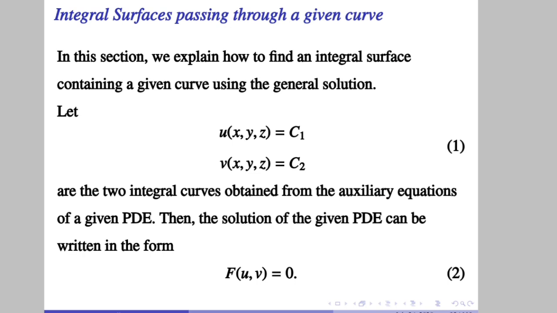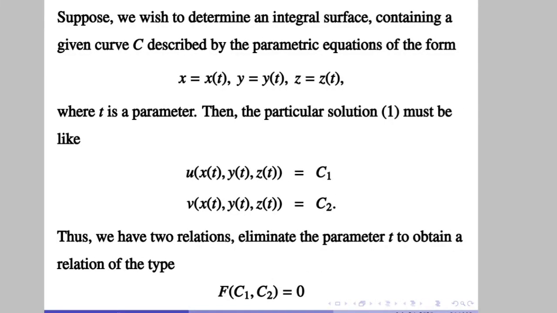Let u of x comma y comma z is equal to c1, v of x comma y comma z is equal to c2 be the two integral curves obtained from the auxiliary equation of the given PDE. Then the solution of the PDE can be written in the form f of u comma v is equal to 0.